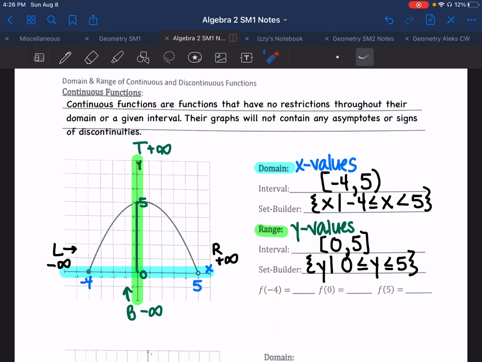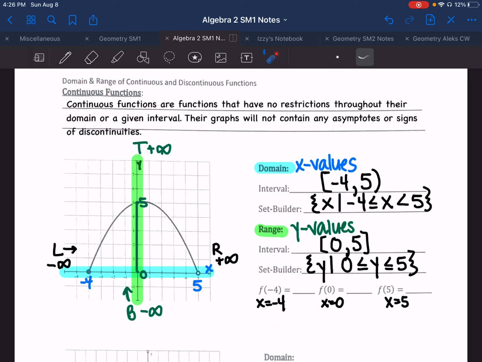So basically what they're saying here is x equals -4, and I'm asking for what's y. So in this next one, x equals 0, what's y? x equals +5, what's y? So we are going to find these values from the graph.